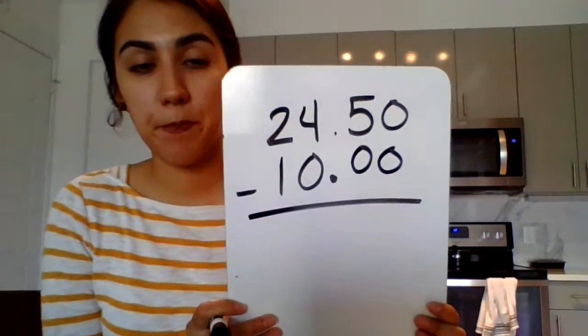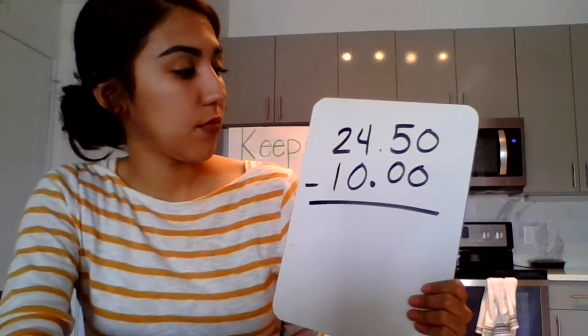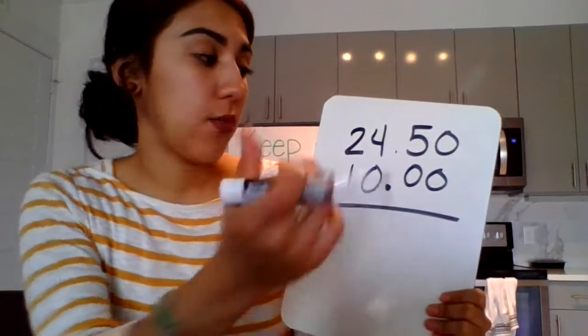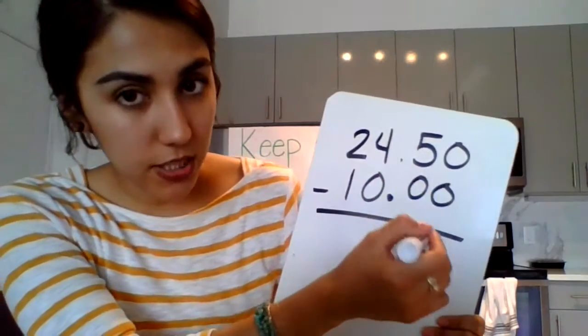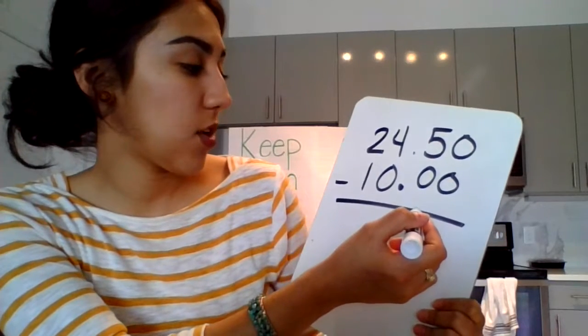And I'm going to show you how I'm going to set that up. I'm going to put the bigger number on top. And then make sure I line up my decimals, because when I line up my decimals, I'm lining my numbers up by place value. And let's go ahead and get started. We're going to start off in the smallest place value, which is the hundredths place in this equation.